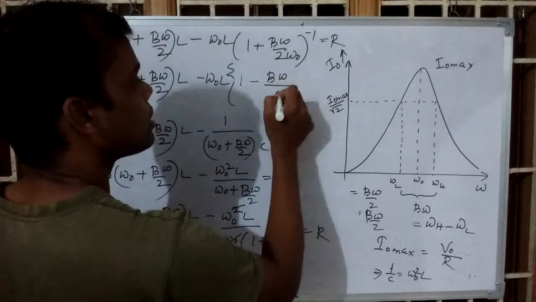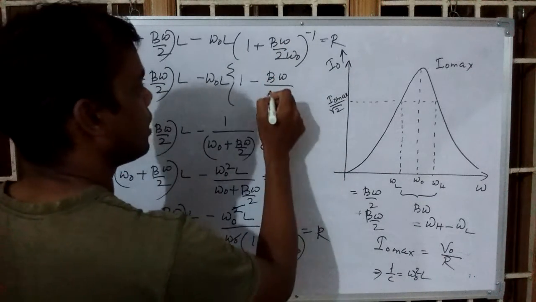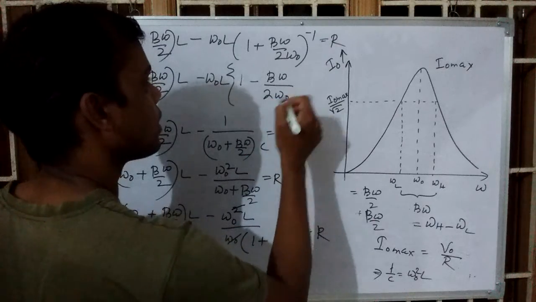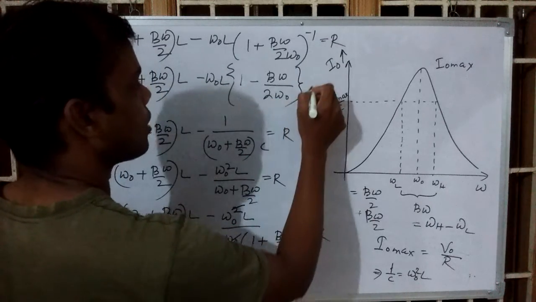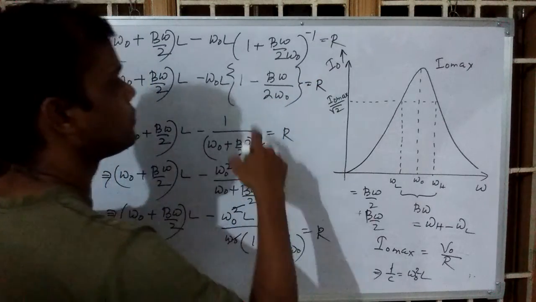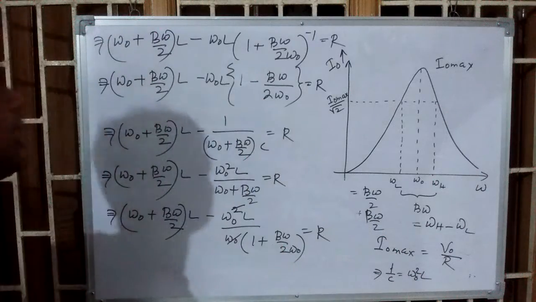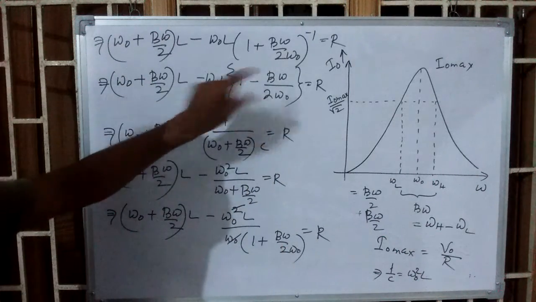I am not going into detail for the binomial theorem because it will take more time. If you are not clear about the binomial theorem, I will explain it in another class. Now this is the value we get after using the binomial theorem.